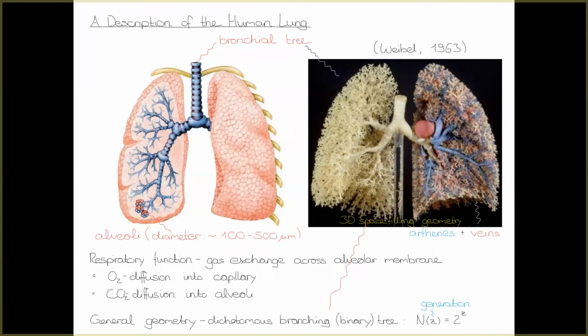Now you can see it's important, when we look at these vessels, that the space occupied by the lung is used optimally. So if we want to distribute the capillaries which are in these alveoli optimally in a space, then we also have to distribute the leaves, or sorry, the higher generation branches, which are responsible for the gas exchange, also optimally in that space.